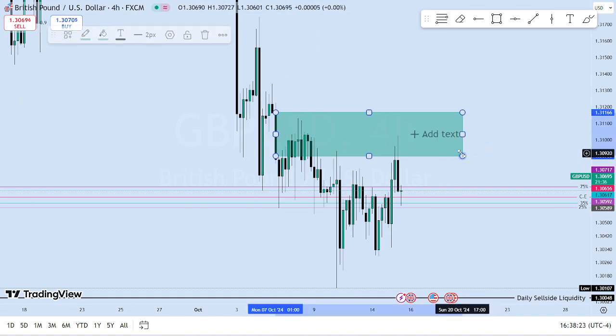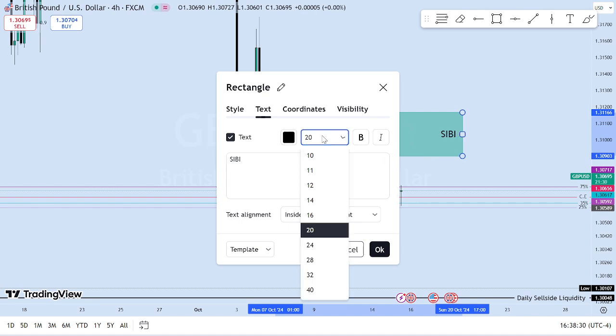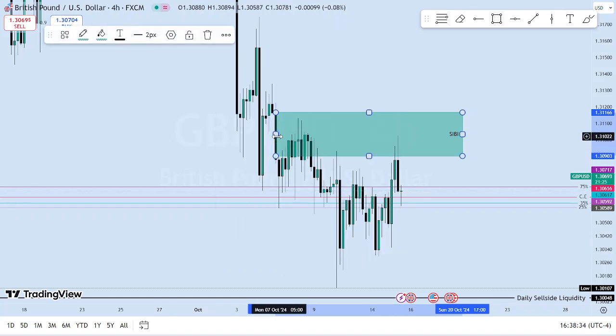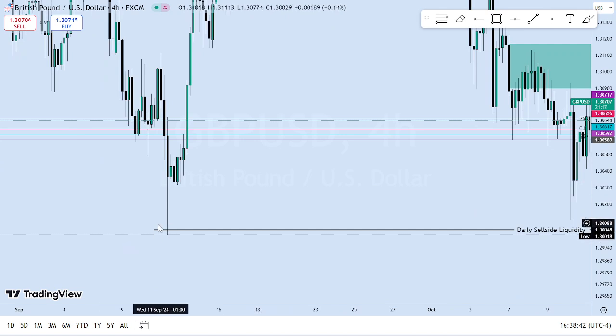This is a CB, sell side imbalance, buy side inefficiency. It's a major resistance, premium level, and we have delivered inside it. So price will seek a discount level, which is here.